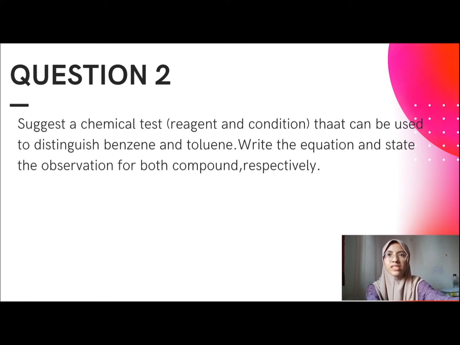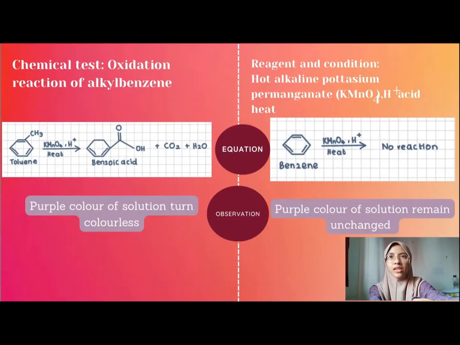Question number 2. Suggest a chemical test, reaction and condition that can be used to distinguish benzene and toluene. Write the equation and state the observation for both compounds respectively. The chemical test that we can use to distinguish benzene and toluene is oxidation reaction of alkylbenzene. The reagent and condition is hot alkaline potassium permanganate, H+ acid, and heat.